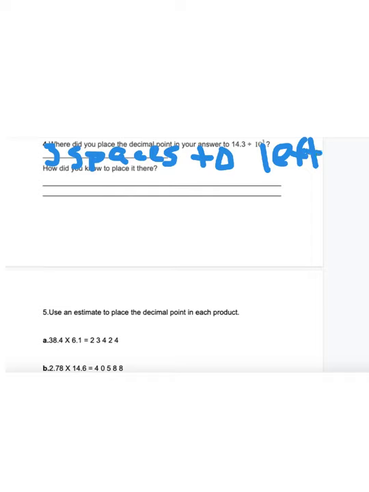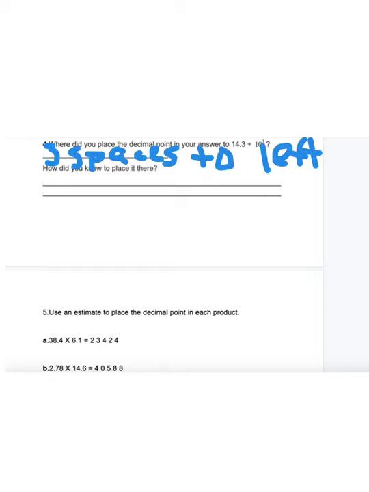I knew that the exponent was 3, so that tells me that I need to move the decimal 3 spaces to the left since it's division. So you're going to move it 3 spaces to the left since it's division and your exponent was 3.